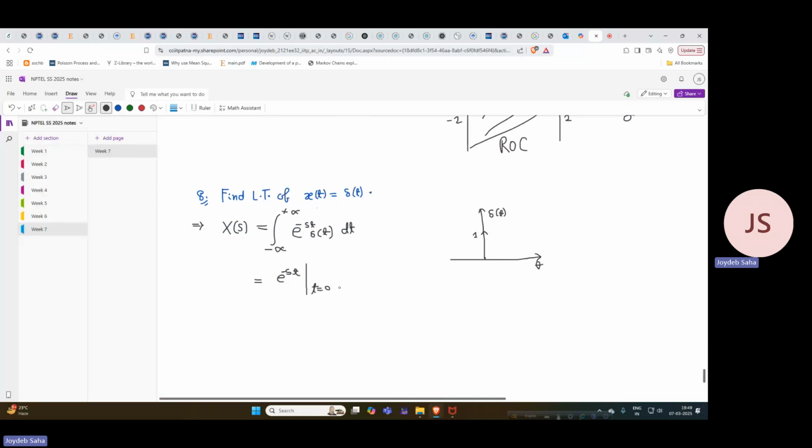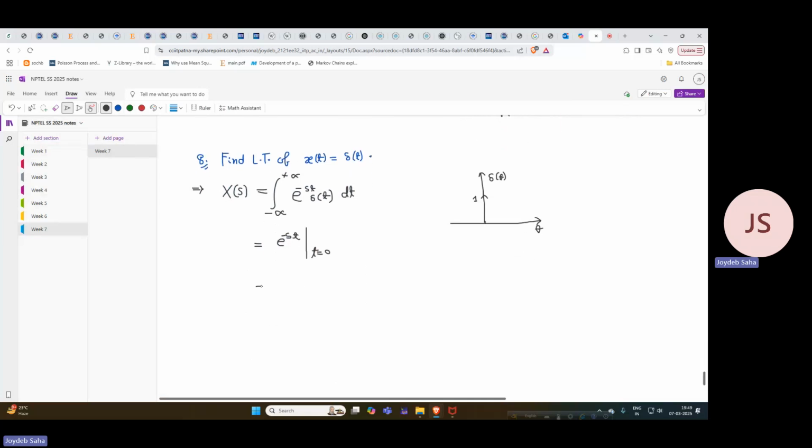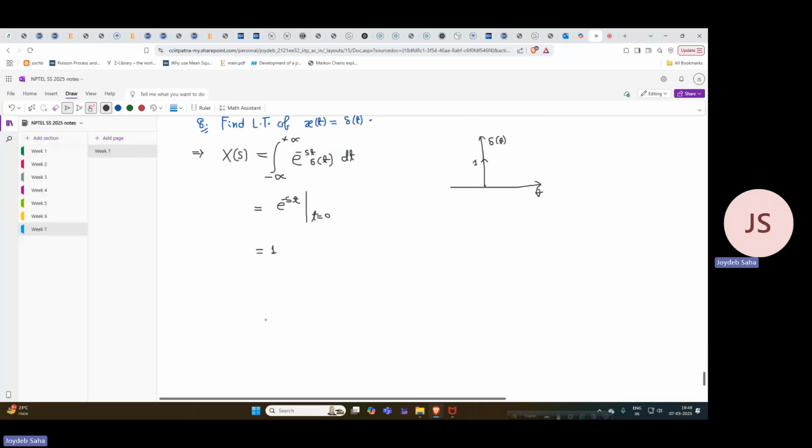It is the value at that point only, so it is 1. So what is the ROC? ROC is the entire S-plane.